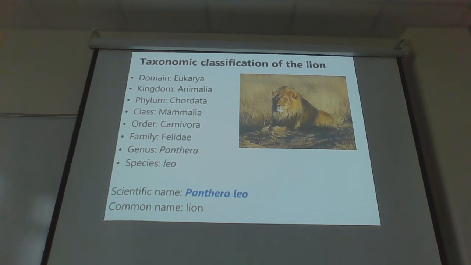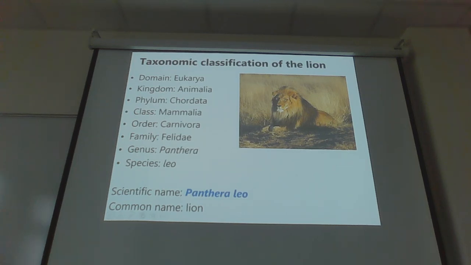These are strictly carnivores, okay? They only eat meat, okay? Family Felidae, and there are characteristics of Felidae. For instance, they tend to be more nocturnal, and they have anatomical characteristics that have been distinguished. Genus Panthera, species leo, okay?